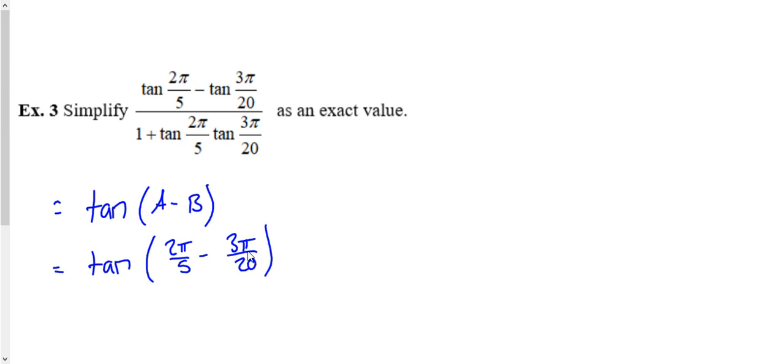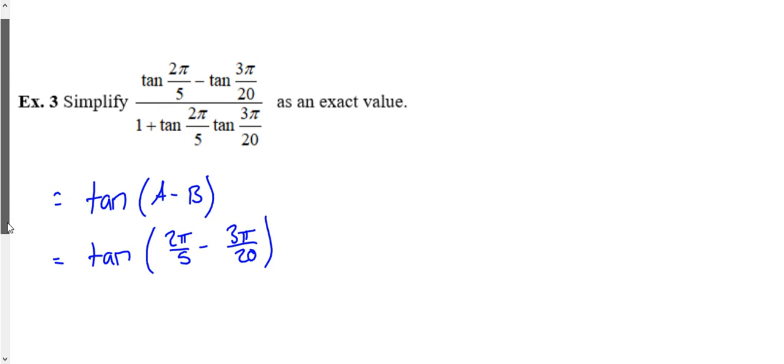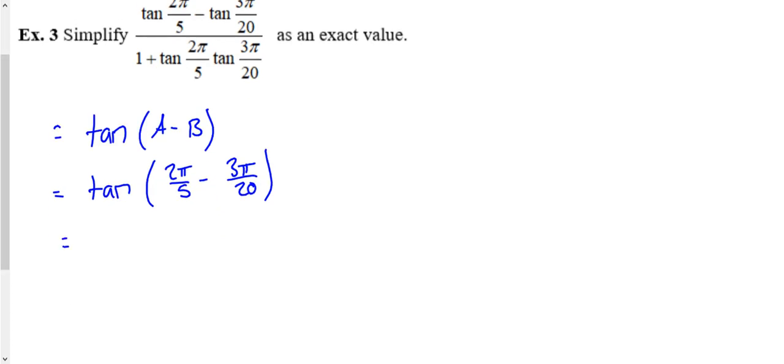There we go. And from here, what you want to do is convert these into common denominators so that we can subtract. So here on the left, 2 over 5 becomes 8 over 20. And you're minusing off 3 pi over 20.